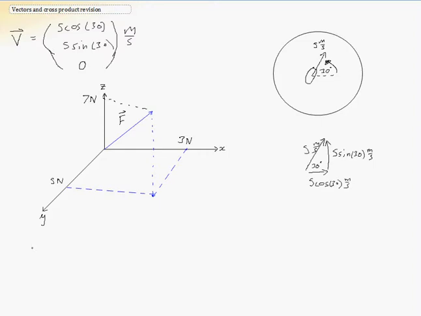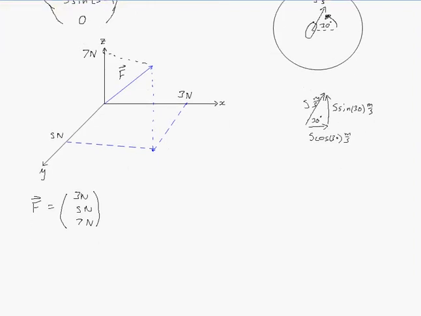As a result, you can redescribe this force vector as (3, 5, 7) newtons. Notice how each of its components are separated into each of these elements.